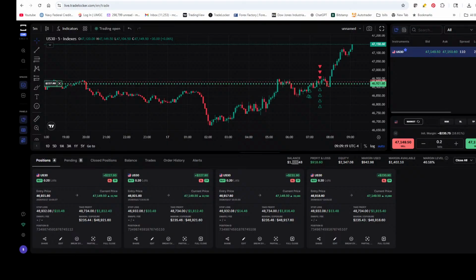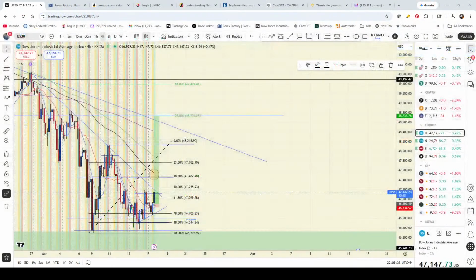And then overall, you have this area right here that it would have to break also as well. So that's a lot of levels. And let me make sure I'm on the right one. See, I gotta keep switching. Anywho, these are all the levels price has to break before it reaches this take profit.